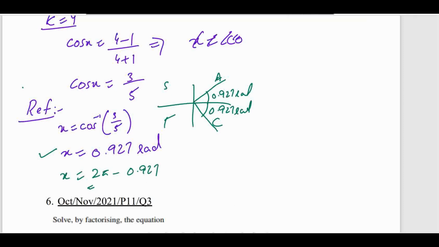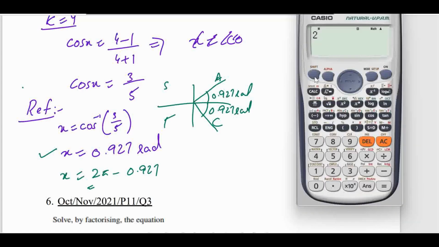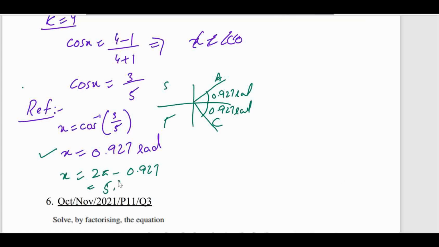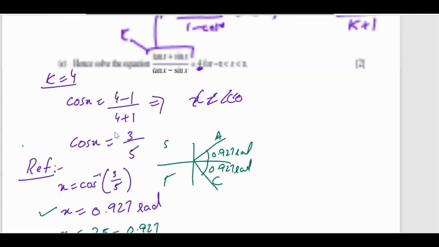So simply we can write 2 pi minus the answer. So this will be equal to 5.35. Okay, 5.35. But let's see the range.